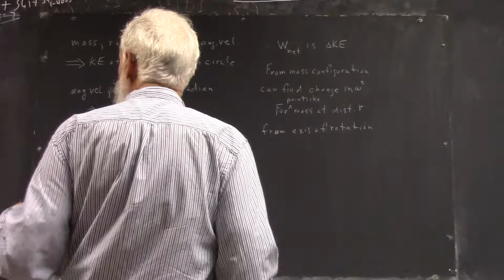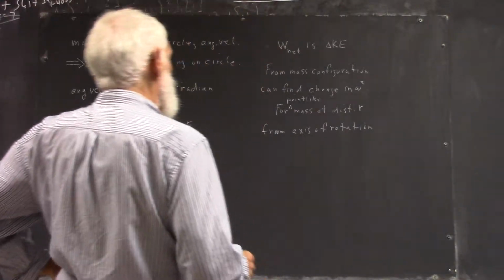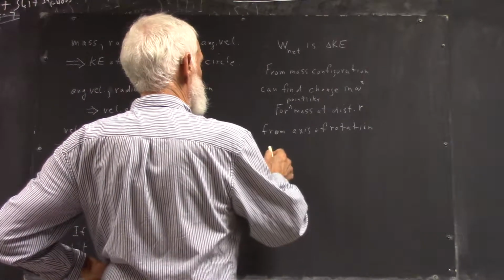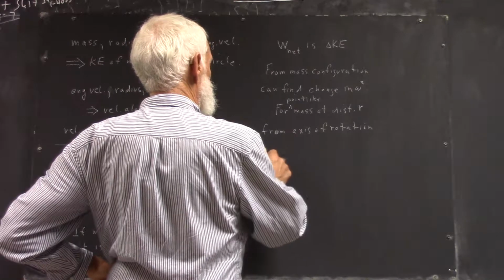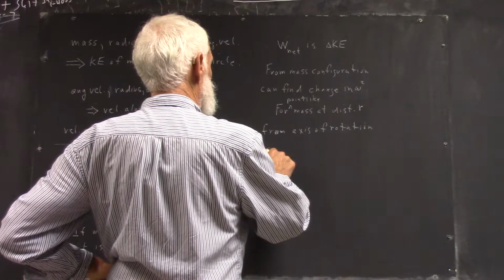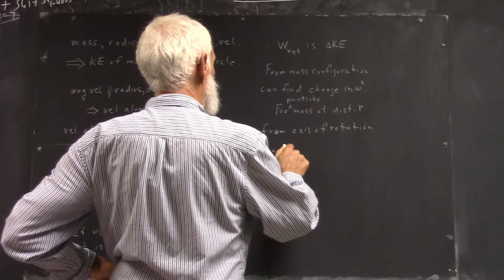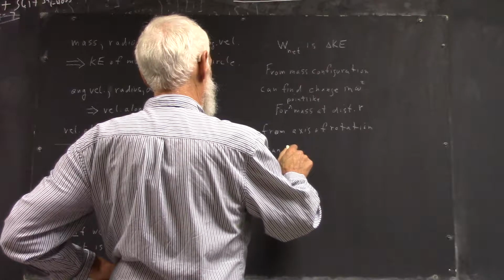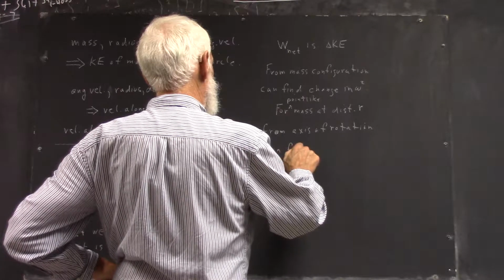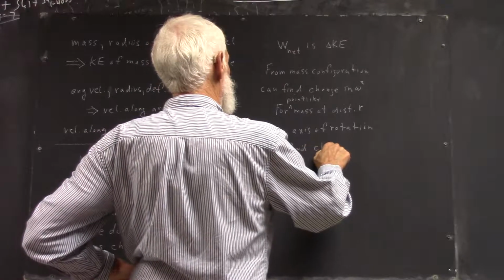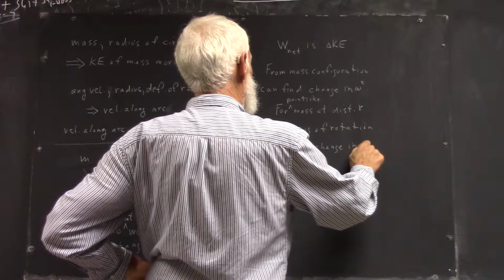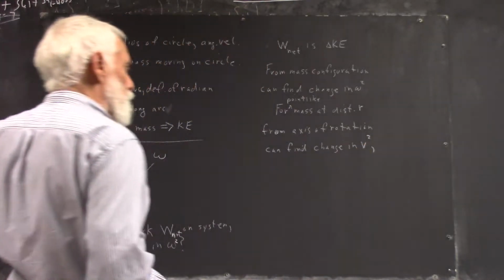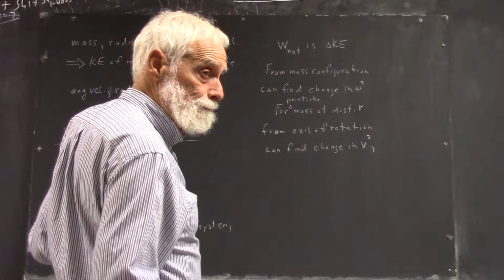A point-like mass at distance r from the axis of rotation. Find a change in omega squared, okay?